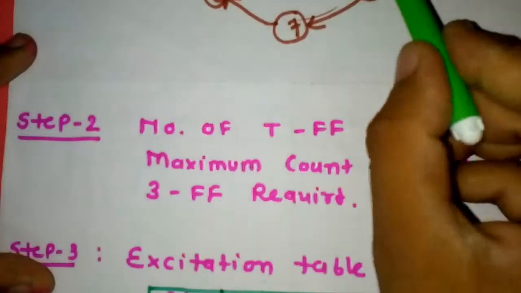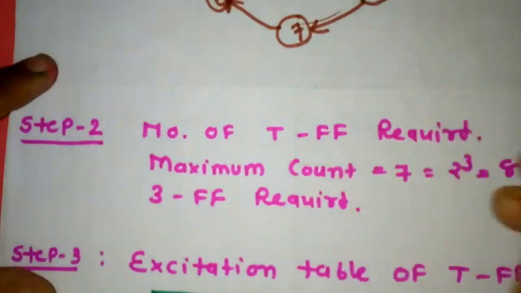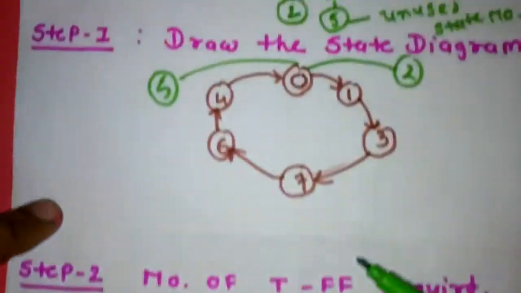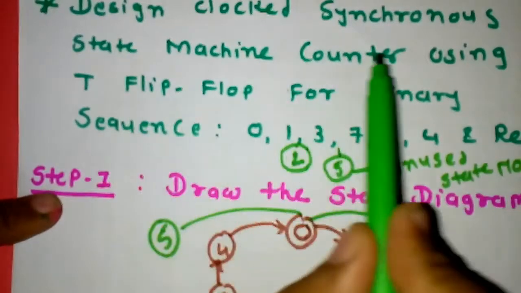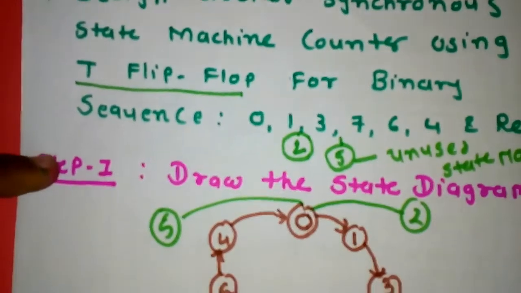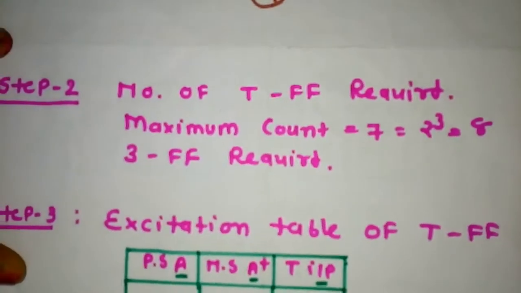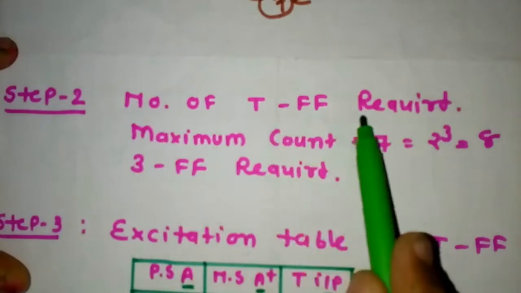Now, for this state diagram, how do we define the circuit? In this example, we design the clock synchronous state machine using the T flip-flop. So how many T flip-flops are required for this state diagram?